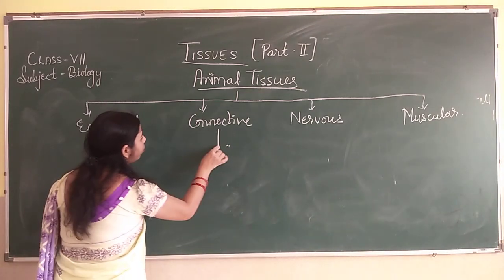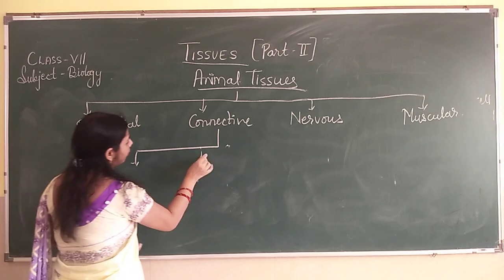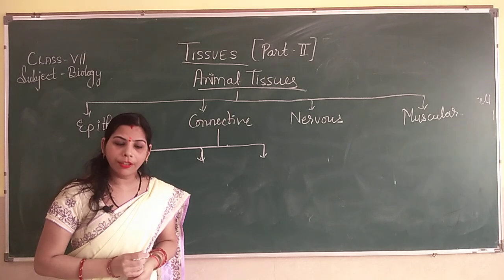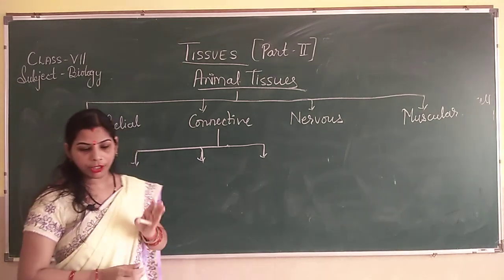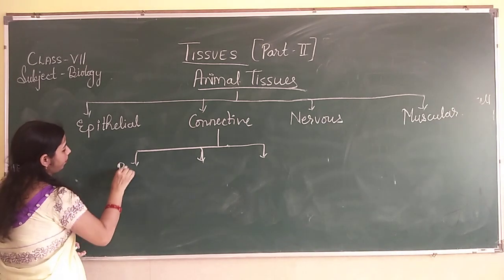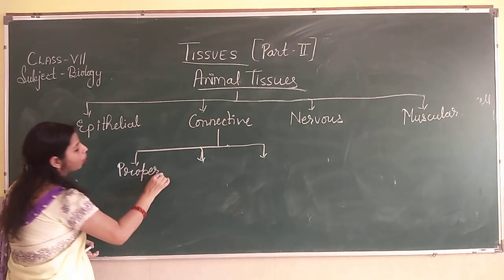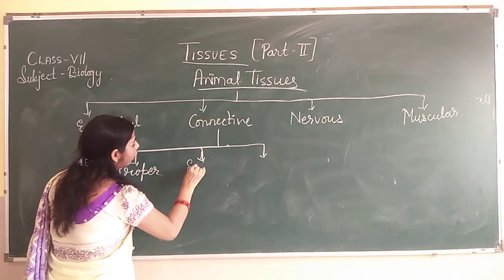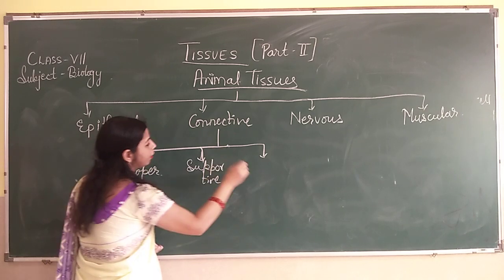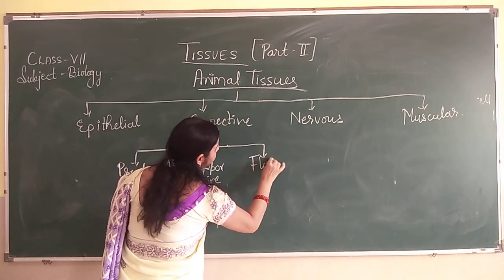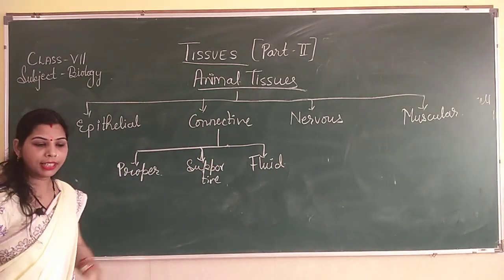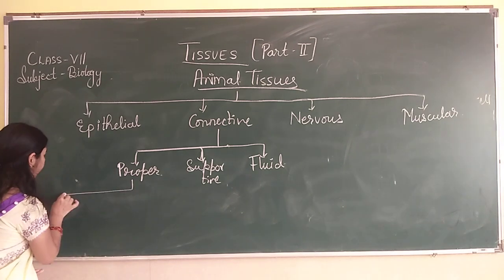The connective tissue is further divided into 3 types: proper connective tissue, supportive connective tissue and fluid connective tissue. Now again this proper connective tissue is divided into two types.